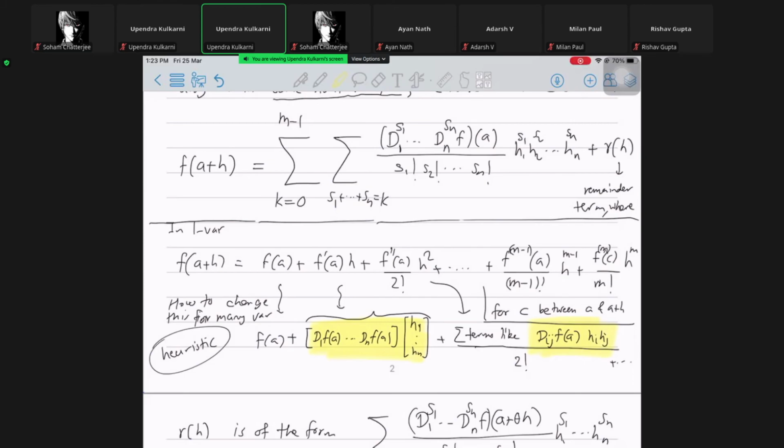So heuristically, what I'm thinking of is the following. Second order correction is going to be like a second derivative, which is going to be del by del xj of f. So this is what I have over here.